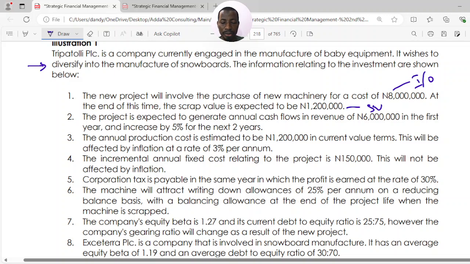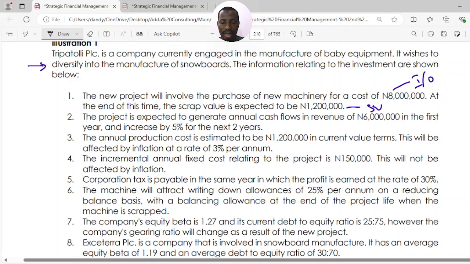2. The project is expected to generate annual cash flows in revenue of 6 million naira in the first year and increase by 5% for the next 2 years. So I can see sales value here, and I'm also given the inflation rate for the sales value. 3. The annual production cost is estimated to be 1.2 million in current value terms.